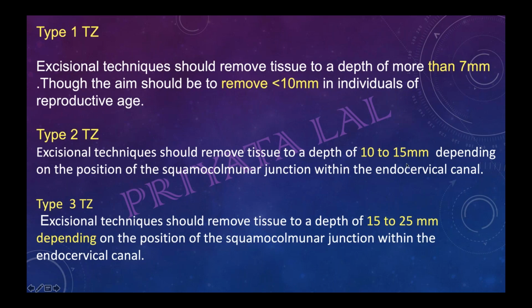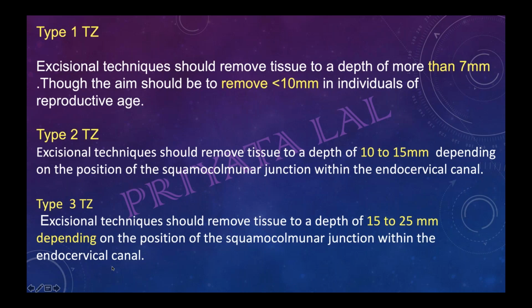And if the patient has a type 3 transformation zone, meaning a high endocervical component, then the depth of tissue removed should be between 15 to 25 mm, depending on the position of the squamocolumnar junction inside the endocervical canal. So these are the dimensions to use if excision has been decided as the treatment.